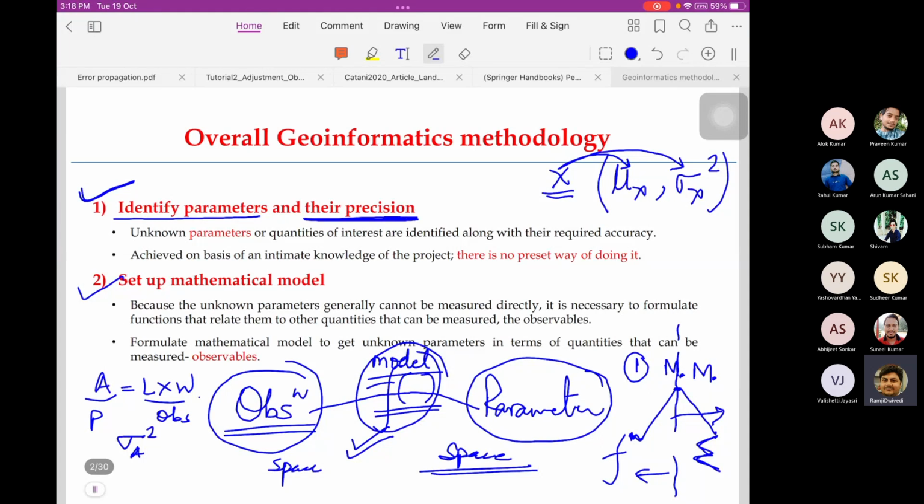Now you do not need to worry about anything. You have solved the problem with the mathematical model, and you have informed the client about the behavior of error in the final deliverable. That is your complete job. Okay, so this is the two step again. First is identify the parameters, identify their precision, what is required.